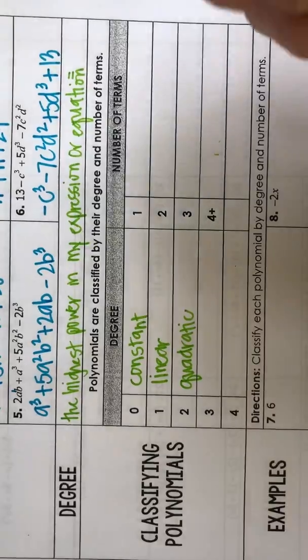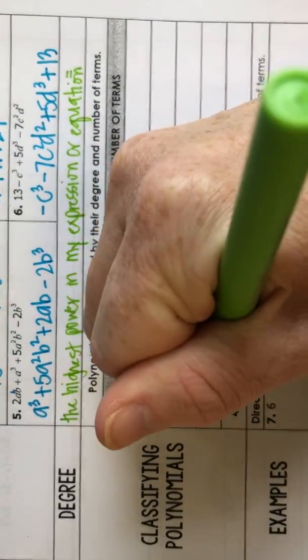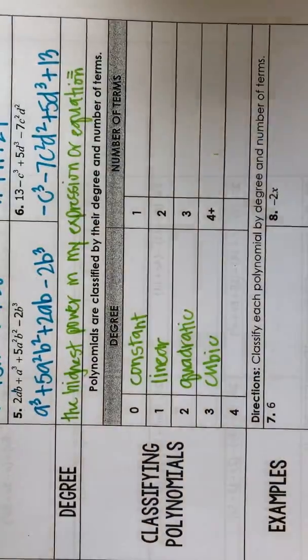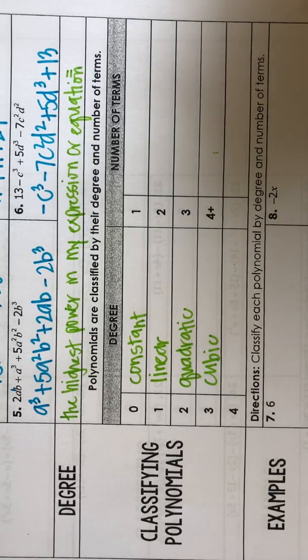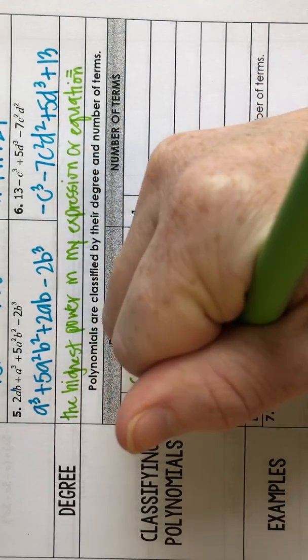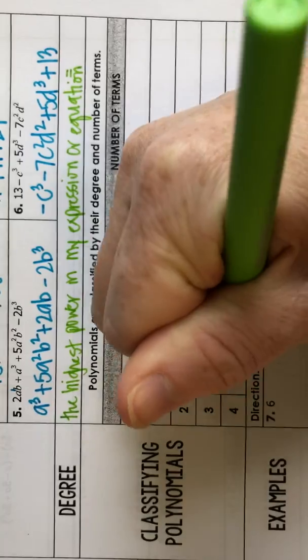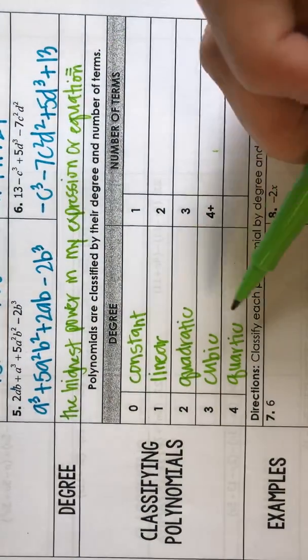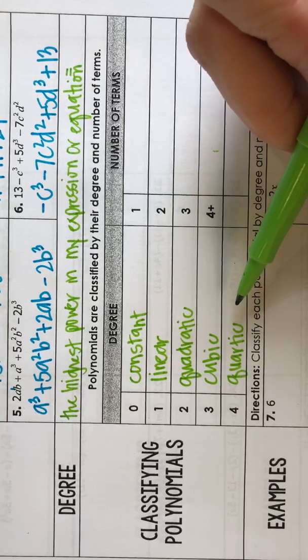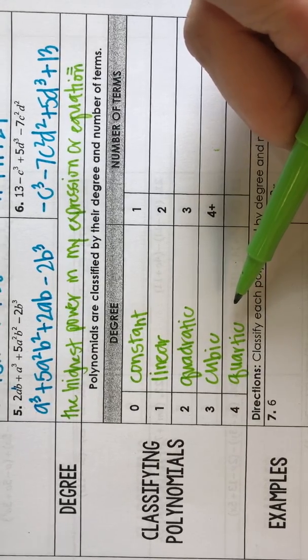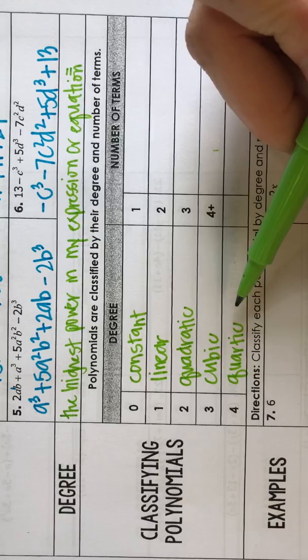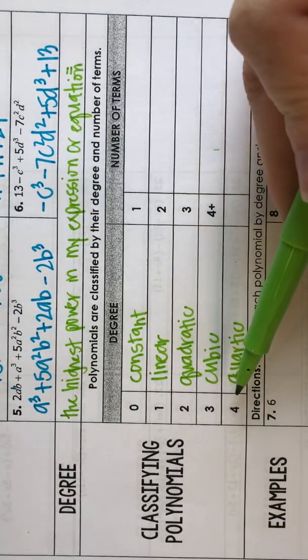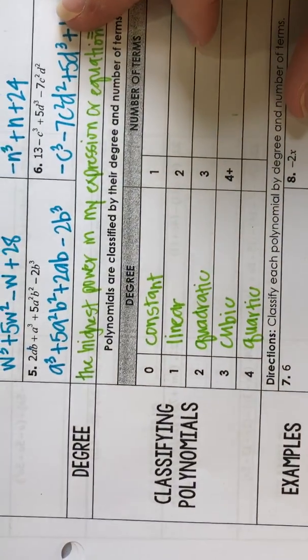X to the third power is cubic functions. X to the fourth power, this is a new one. This is a quartic function. Now this actually happened to be the bonus question on your first test. So a quartic function or a quartic polynomial can have 4 solutions.